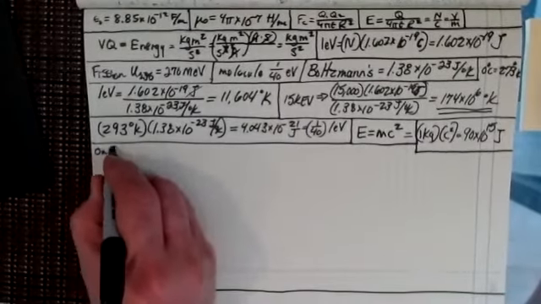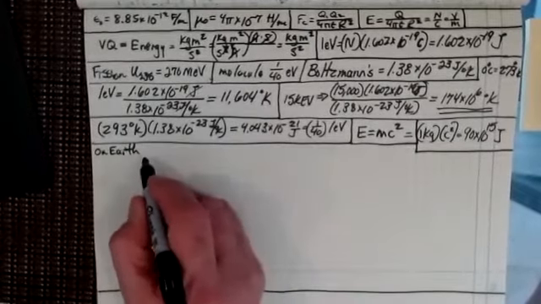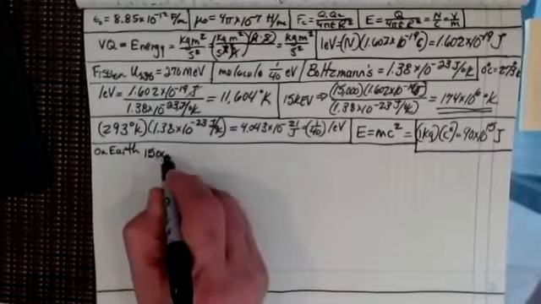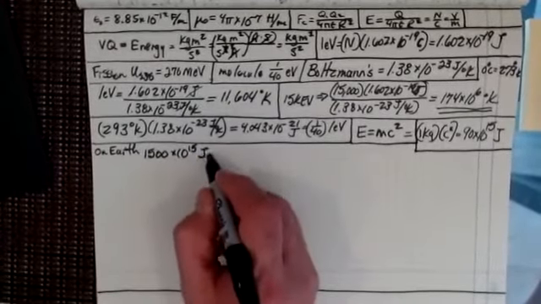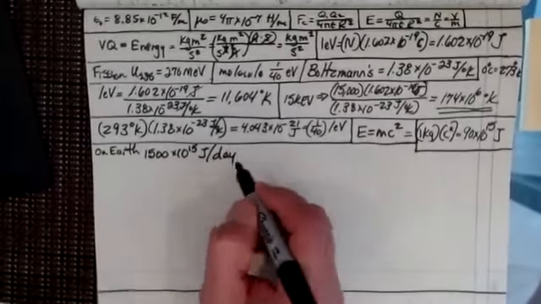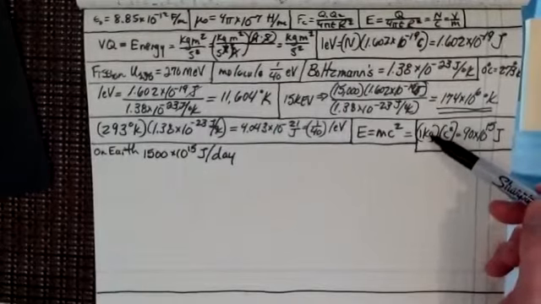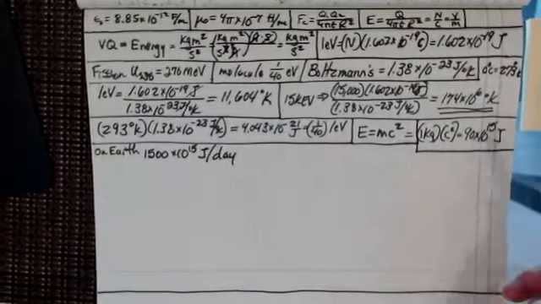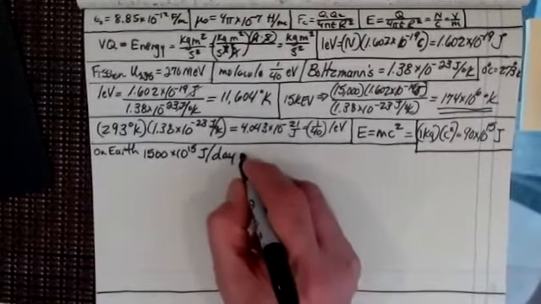On the Earth nowadays, we use 1,500 times 10 to the 15 joules per day. So if I could turn 1 kilogram, right, 1,500 divided by 90, that gives me 16, doesn't it?